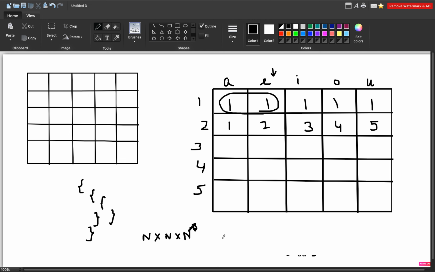So yes, we can still do better if we know the concept of prefix sum. So let's understand what the prefix sum says.